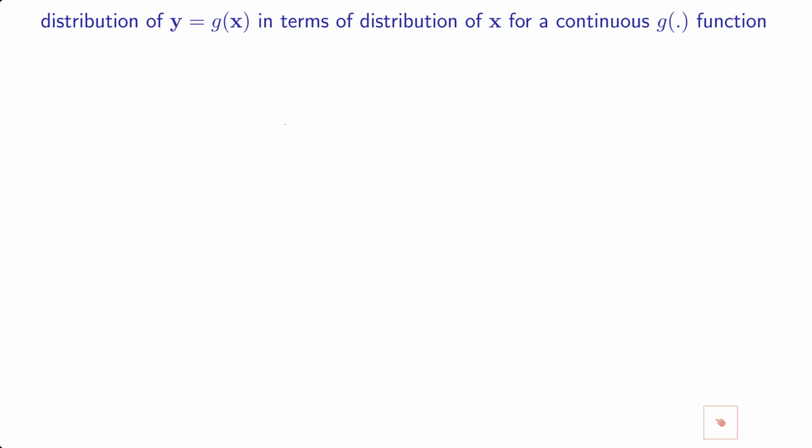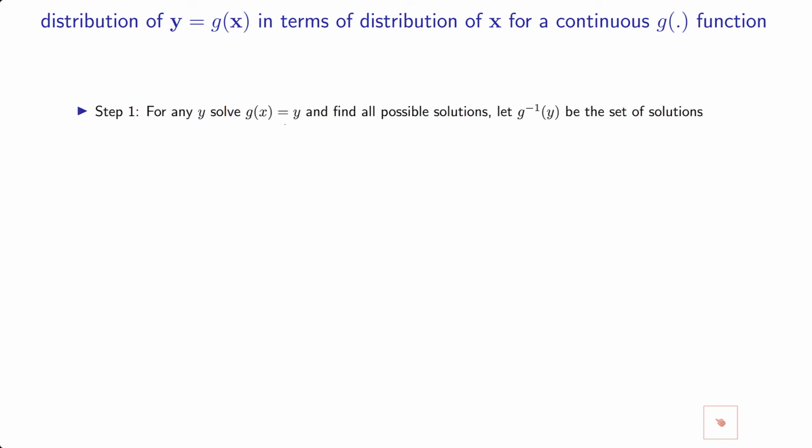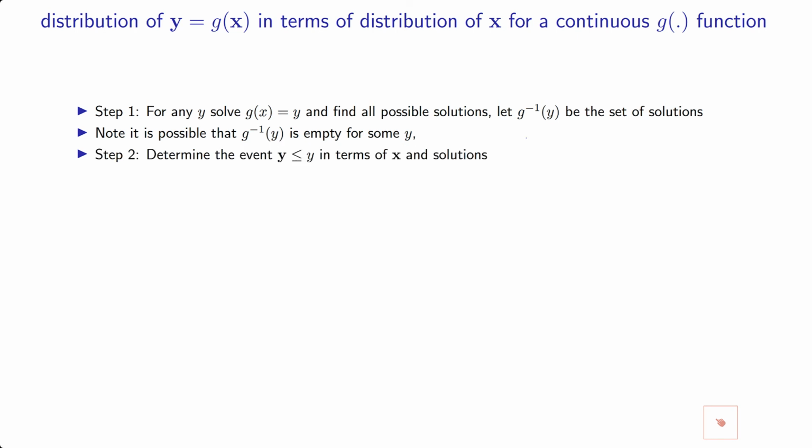So in summary, we have several steps. First step is to solve this equation and find the set of all possible solutions, and we denote this as a set. If it is empty, the PDF is 0. If the inverse set of solutions is empty for some y, the PDF of y is 0 for those points. The second part is to write this event in terms of x, so we can find a solution.